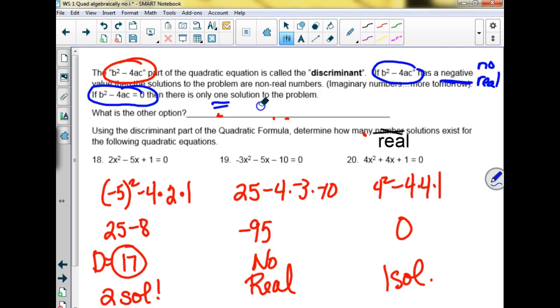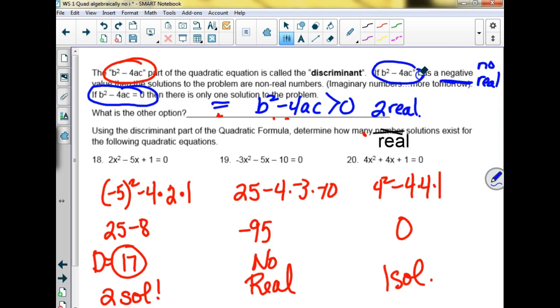The other possibility would be that b squared minus 4ac would be greater than 0 or positive, and then there would be 2 real solutions. So on the quiz, it's going to say, what is D? And then it's going to say, what does that mean about the number of real solutions? Now, I do want to check this one because I feel like 25 minus 4 times 3 times negative 10.